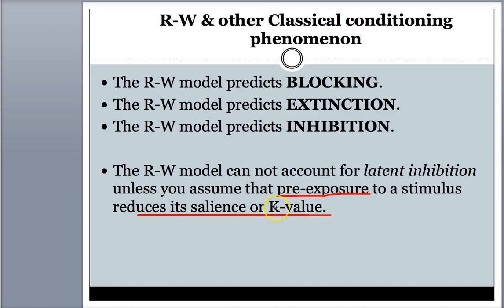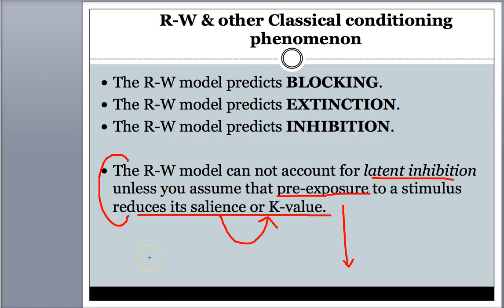And when you do that, learning slows down. So although the Rescorla-Wagner model does not explicitly account for latent inhibition, if you assume that pre-exposure reduces salience, it therefore must reduce the K value. And if the K value goes down, then you're going to get slower learning. So the model is not inconsistent. You have to make a little leap of faith, but it's a very little leap of faith, and then the model is completely consistent.